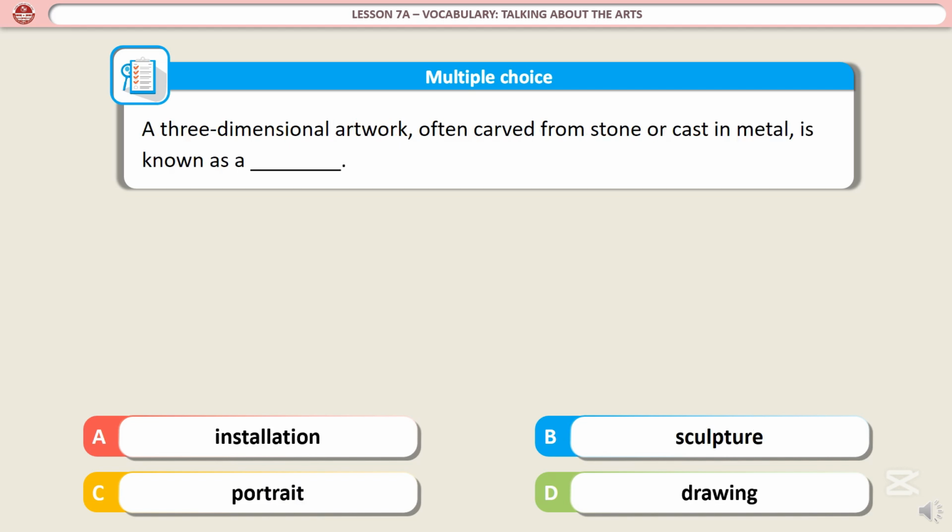Choose the correct answer. A three-dimensional artwork, often carved from stone or cast in metal, is known as a: A. Installation, B. Sculpture, C. Portrait, D. Drawing. The correct answer is sculpture.